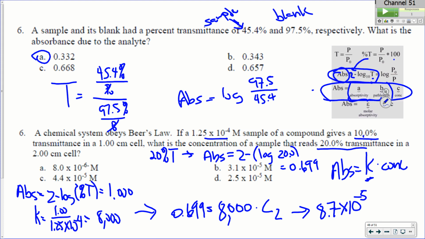No, because you don't have the blank, so you'd have to use it that way, right? Well, if you put it in this form of the equation instead of percent T, you just put it in as 0.1, and it would still give you the same value. So if you just do 0.1 log, then you'll get the same value. Yep.